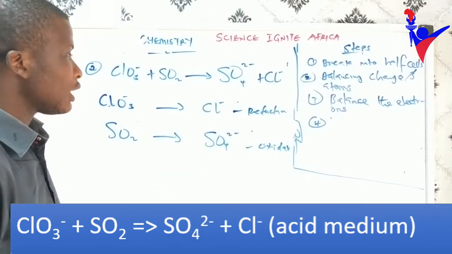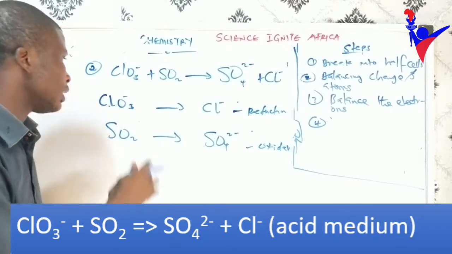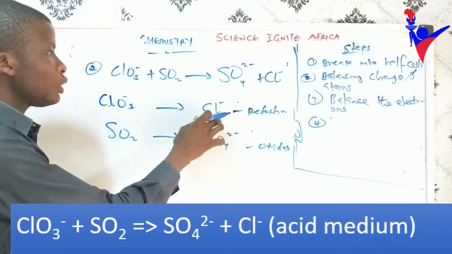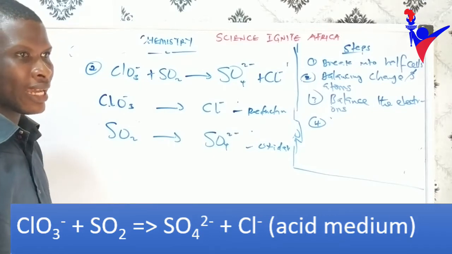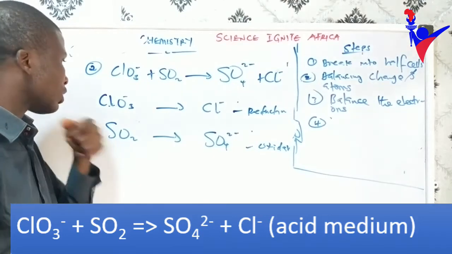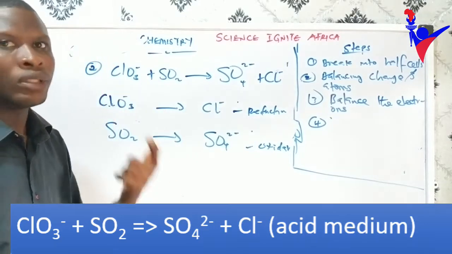The next thing is balance charge and atoms. Now let's look at charge here. You can see we have oxygen here. Do we have oxygen here? No. How do you balance oxygen on the deficient side, like I told you earlier? You balance oxygen with 1 water on the deficient side.